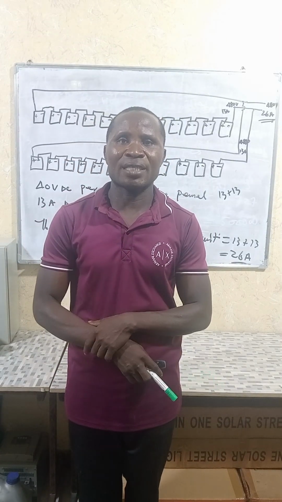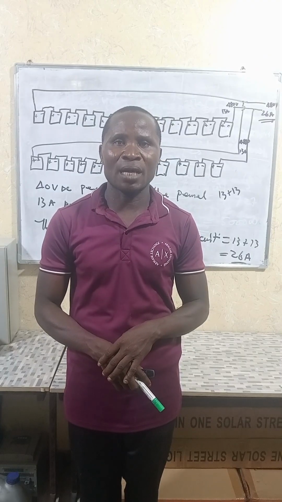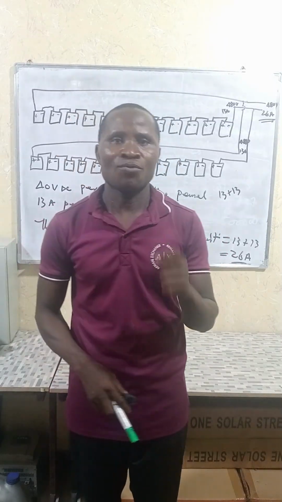Short circuit current is 10 to 12 amps for 12 volts and 5 to 6 amps for 24 volts. The maximum system voltage is 1000 volts. Now, it weighs and all of that, you may not go to those ones.